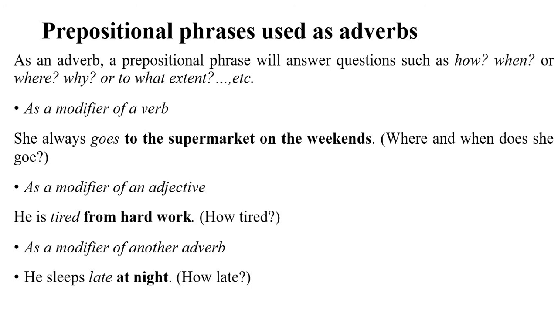An adverb in general is a modifier of what? It modifies a verb. This is what is very common. It modifies a verb. It modifies an adjective. And also it can modify another adverb. So this is the general definition of an adverb.